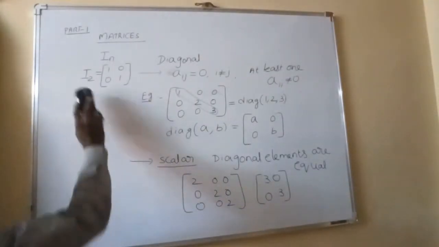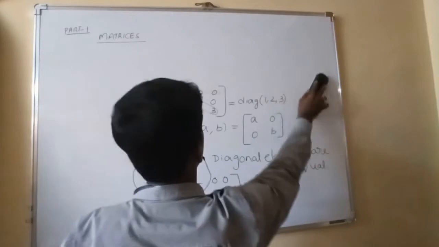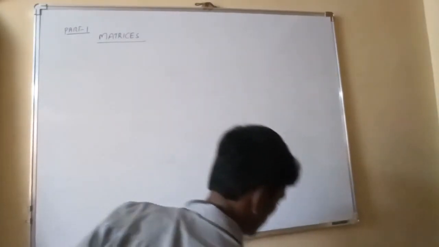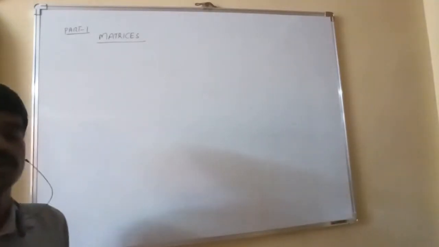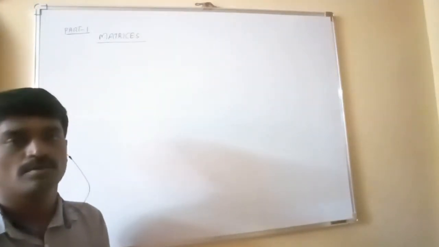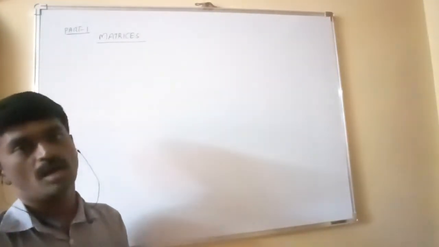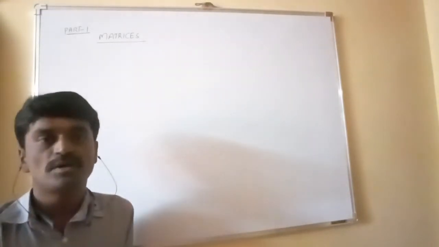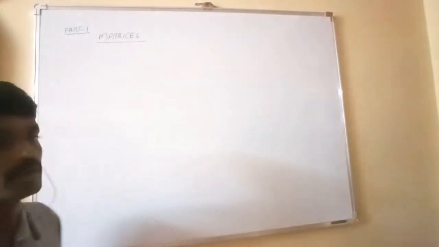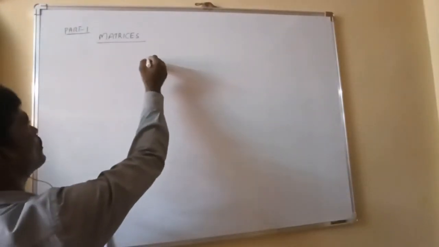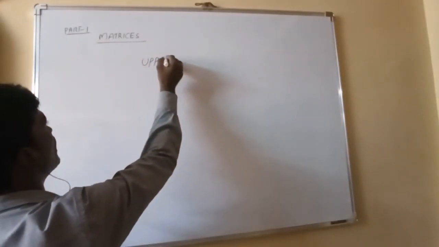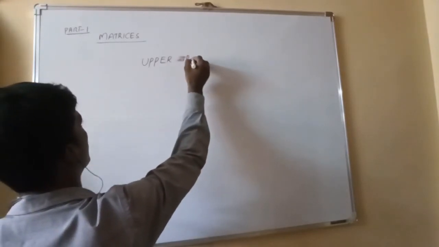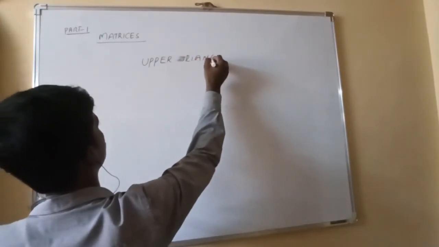The next important definition is the triangular matrix. A square matrix is said to be a triangular matrix if it is either an upper triangular matrix or a lower triangular matrix.